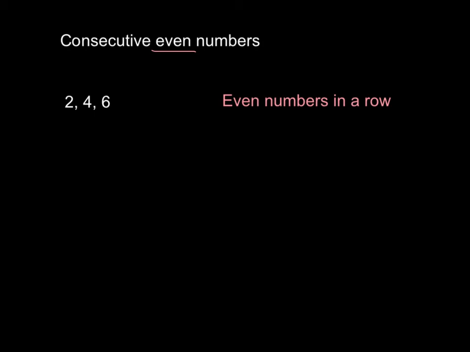Can we come up with a formula like we did for consecutive integers? If we use x for the first number, what do we notice about the next two numbers? It's just x plus 2 and x plus 4. And we know this because even numbers go up by 2's.